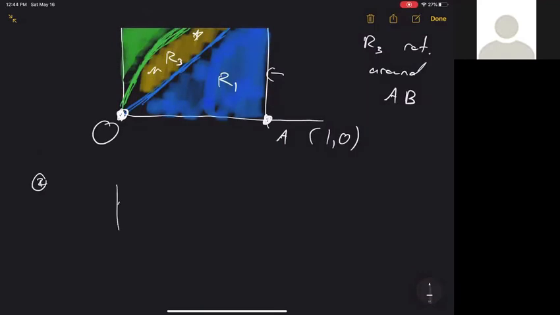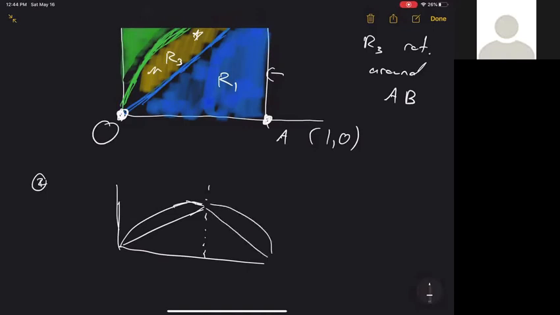Okay, so I'm starting with this, and I'm rotating around this vertical line. Let's leave this as a dotted line. When I rotate this region around my vertical line, I get something like this.